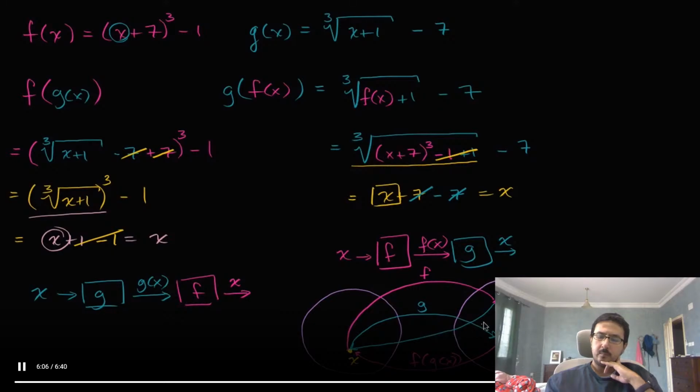We're applying the function g to the value f of x. And so since we get a round trip either way, we know that the functions g and f are inverses of each other. In fact, we can write that g is equal to the inverse of f of x.